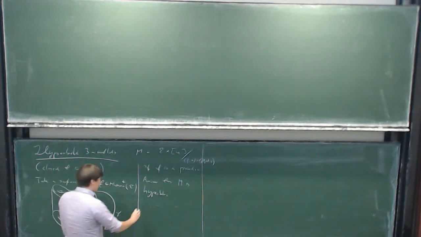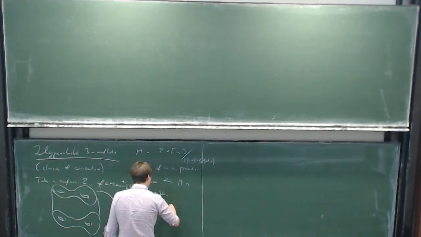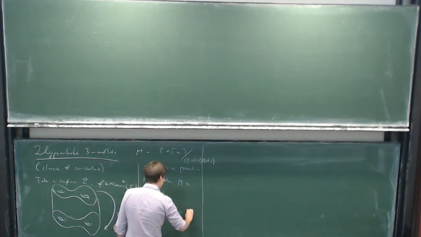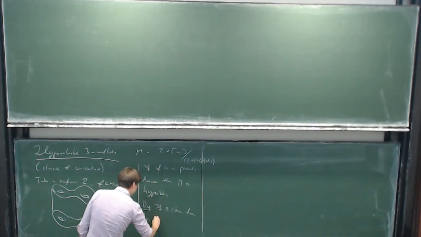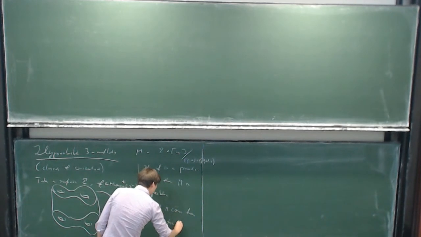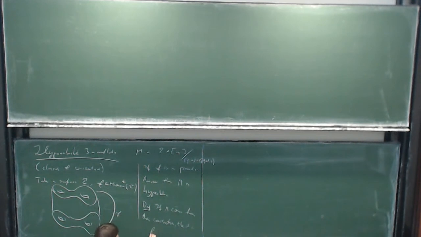Now the definition: if M, a three manifold, comes from this construction, then it is fibered. That's the definition of the word fibered.